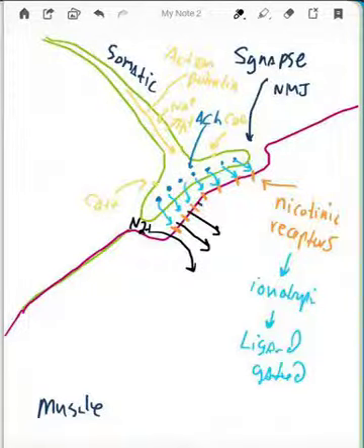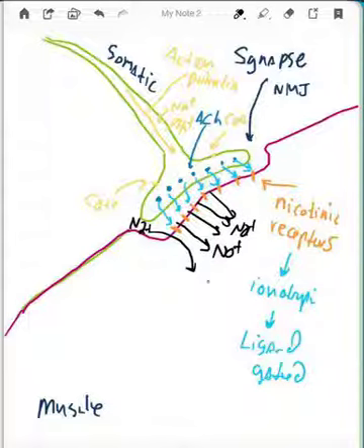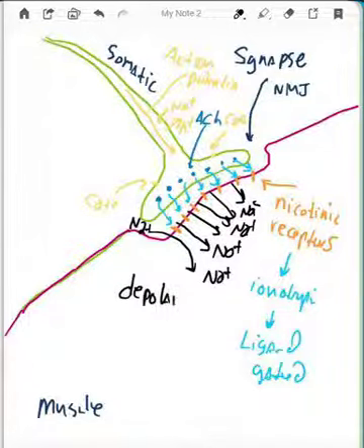Here I'm drawing these black arrows, signifying that sodium is rushing in through the nicotinic receptors. And what happens when sodium rushes into the cell? Well, if I have enough of it rushing in, that will eventually cause this muscle to depolarize. Basically, the action potential here is causing an action potential here.